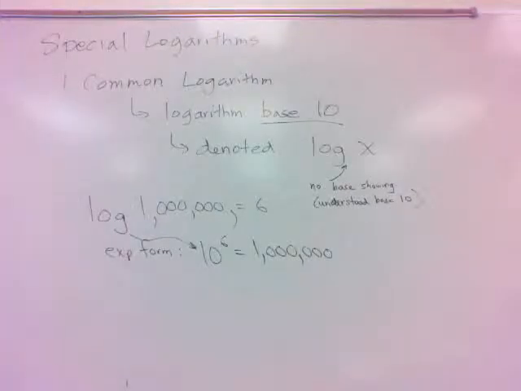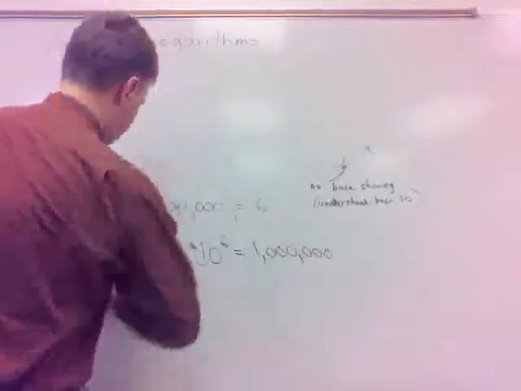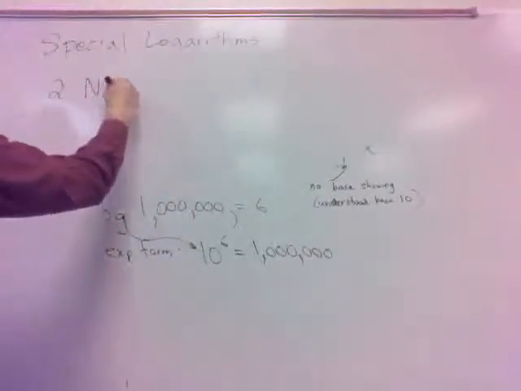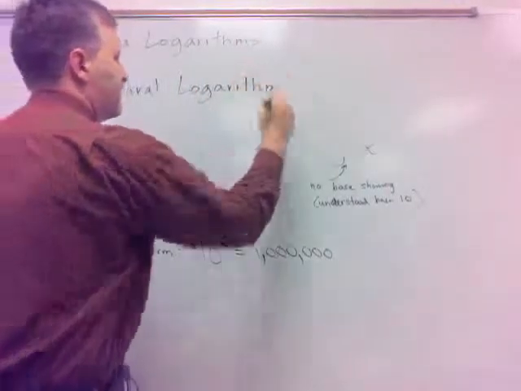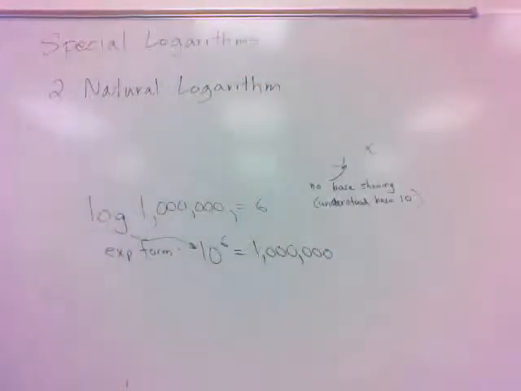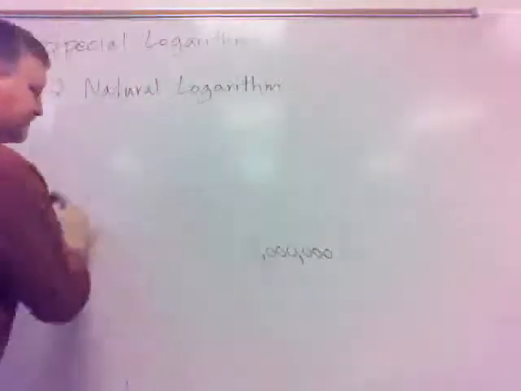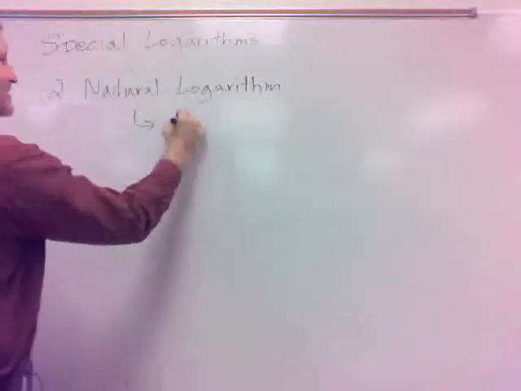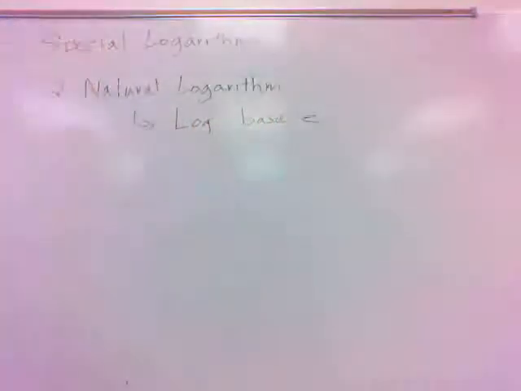Number 2, special logarithm is the natural logarithm. We spoke a little bit about the natural base last time. The natural logarithm is the logarithm base e. Common logarithm base is 10. Natural logarithm is base e.